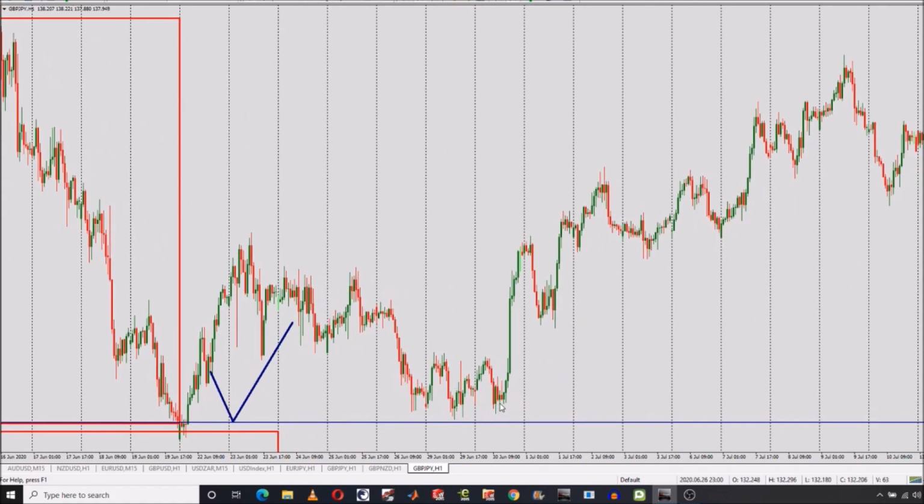Within these days, that is where we were supposed to enter our trade and restart the count.